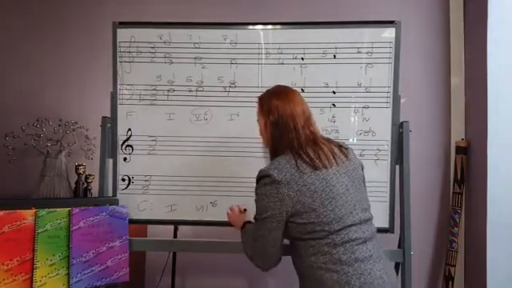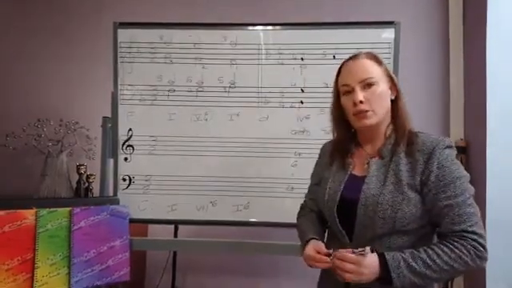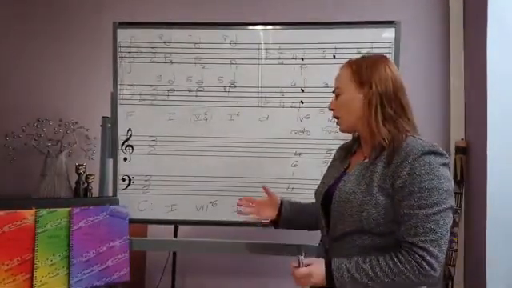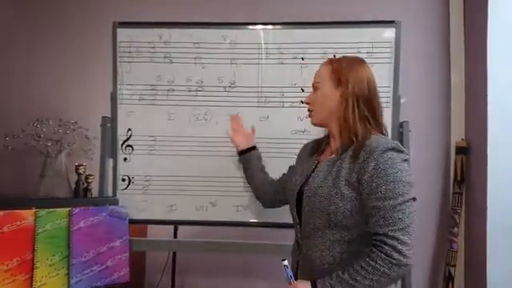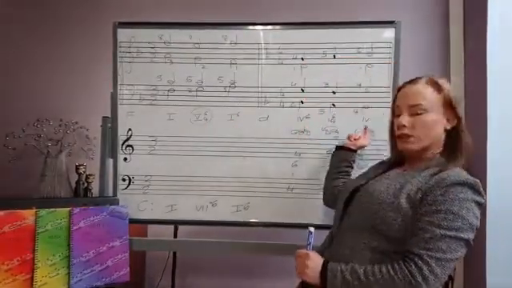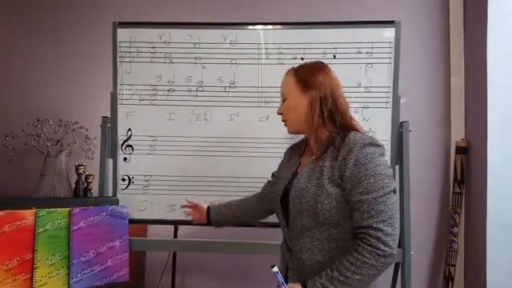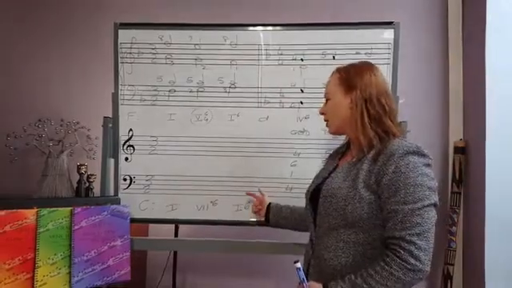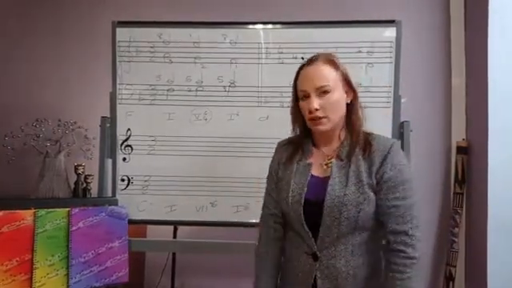So one of them will be in root position and the other one will be in first inversion. Now you have 3 different passing progressions. You have this one, you have this one, and the last one that we're doing now is this, where we have chord 1 on either side, and that's passing chord 7 in first inversion.